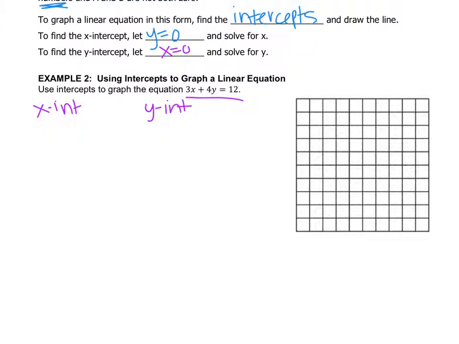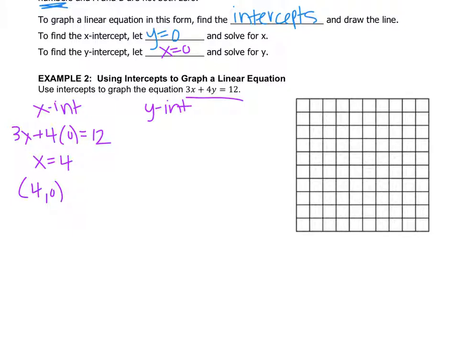So instead of Y, I'm going to put 0. So 3x plus 4 times 0 equals 12. Now you just calculate that, and that's very simple, I hope, to calculate, right? You just get x equals 4. So that means that it's crossing the x-axis at 4. Also known as the point (4, 0).